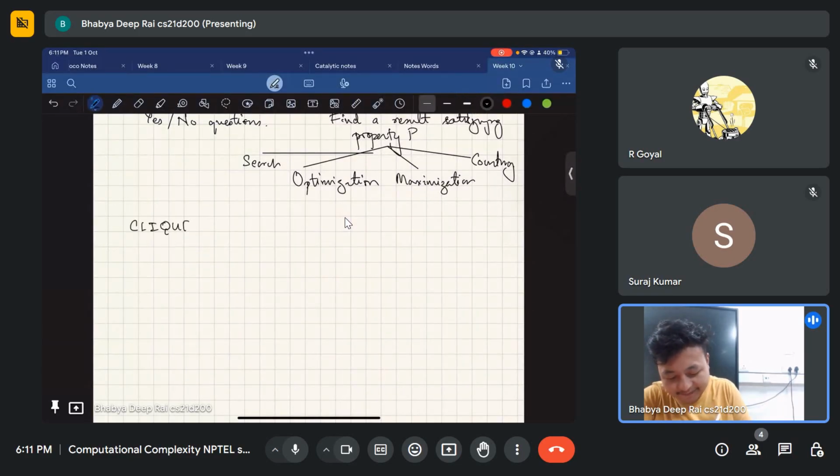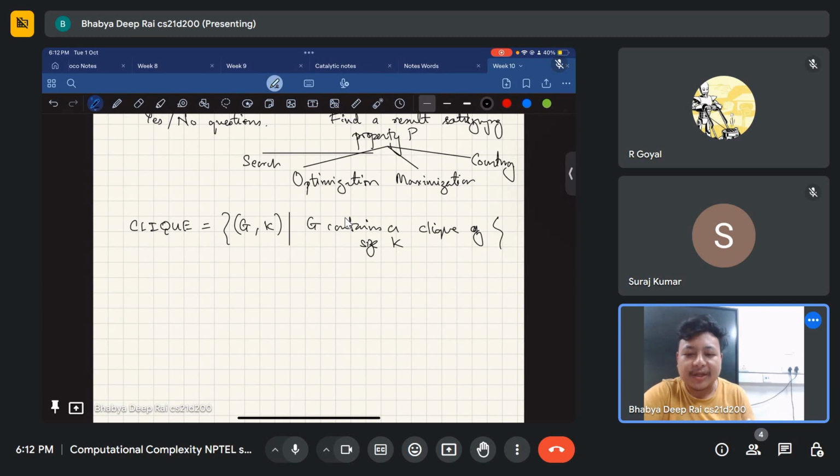The decision variant of clique is: G and K such that G contains a clique of size K. Okay, this is the decision version. Now, let's say the optimization problem version.